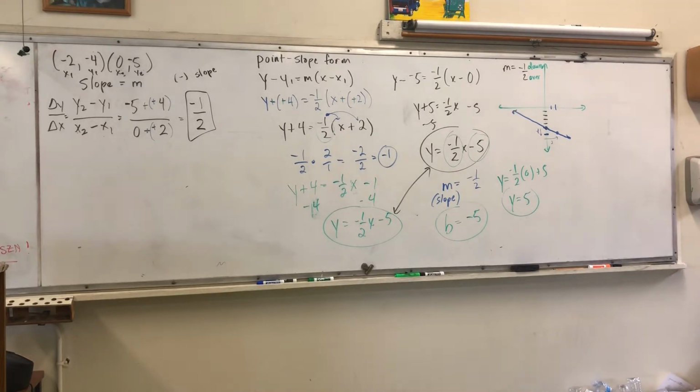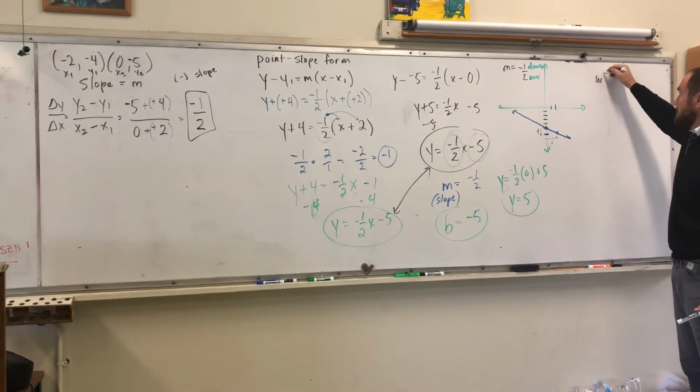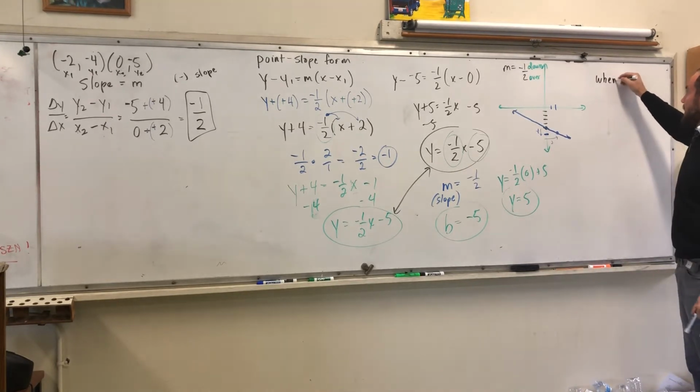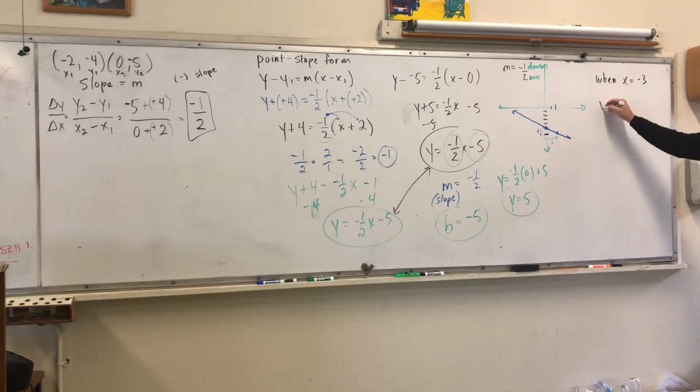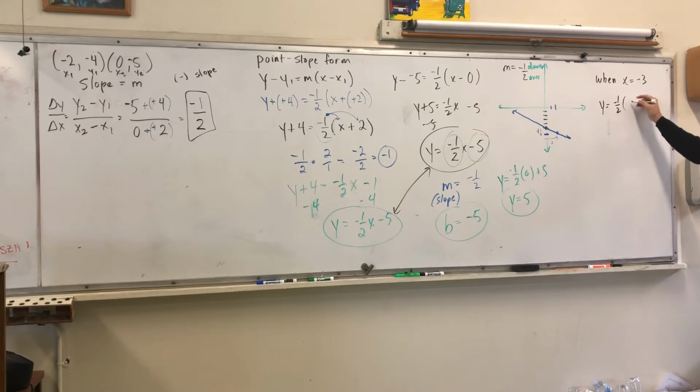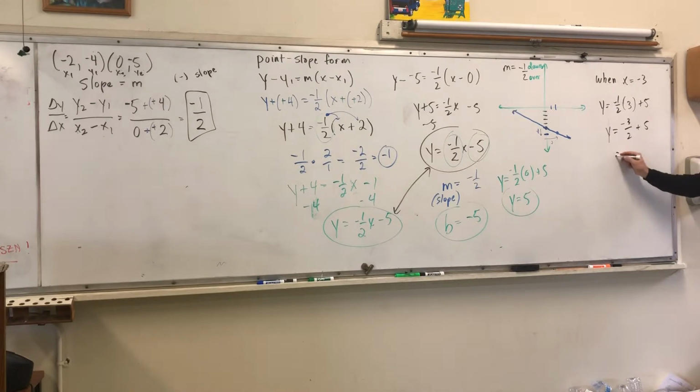Okay. Let's look at some values if we're trying to solve for, let's say, and we'll just go over 1 unit for x. When x is 3, I could plug in and say, okay, y is equal to negative 1/2 times 3 plus 5. Here we have a fraction, negative 3/2 plus 5. That's a good thing to look at. Really, this is like negative 1.5 plus 5, which gives me a difference of 3.5.